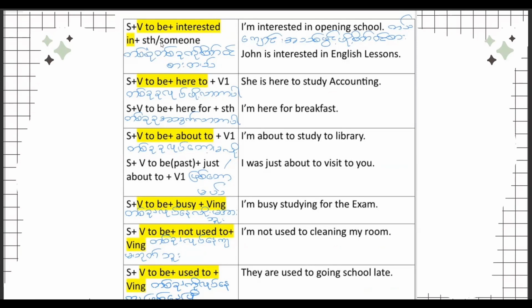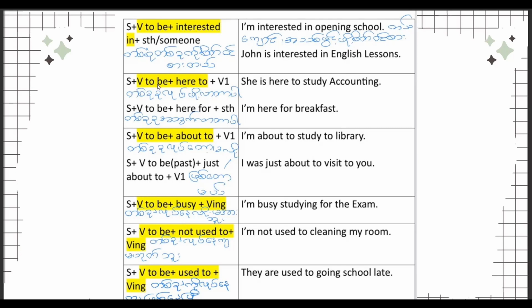For example, I am interested in opening a school. June is interested in English lessons. And another word for someone: June is interested in Mary. We can say something like that.